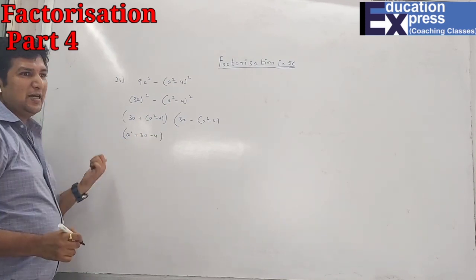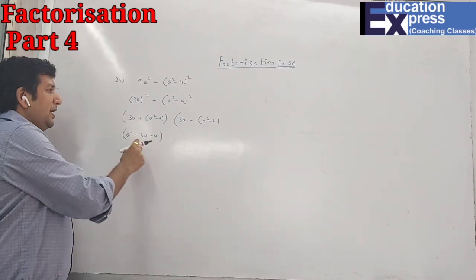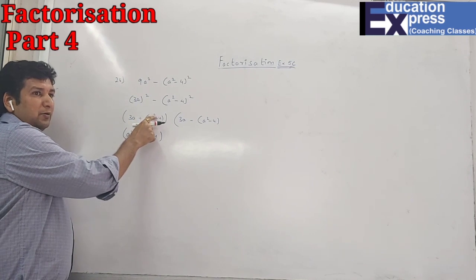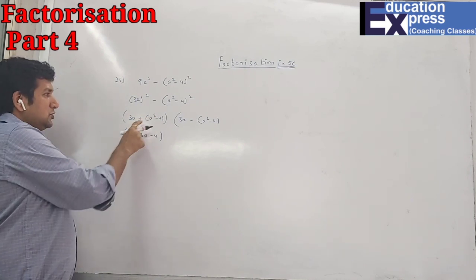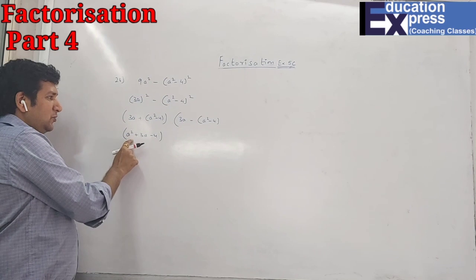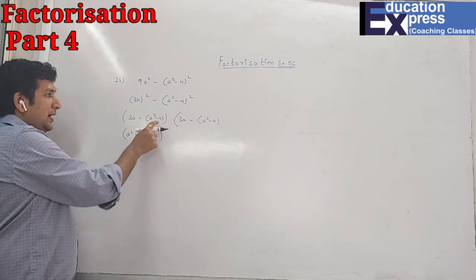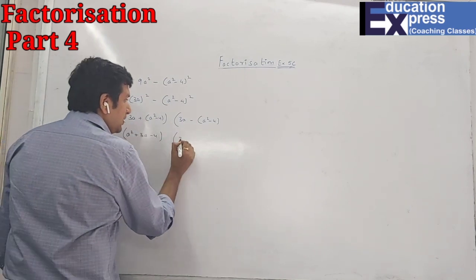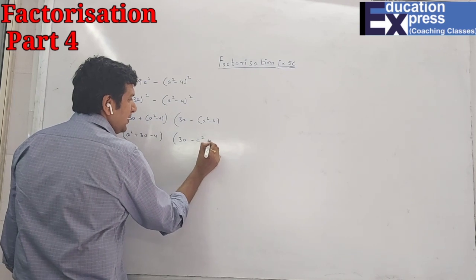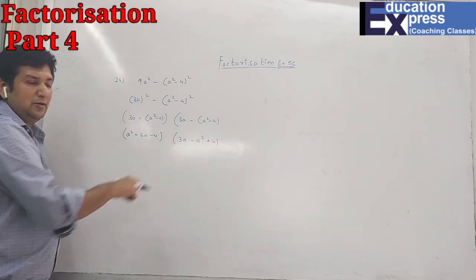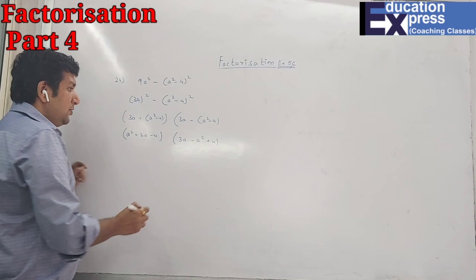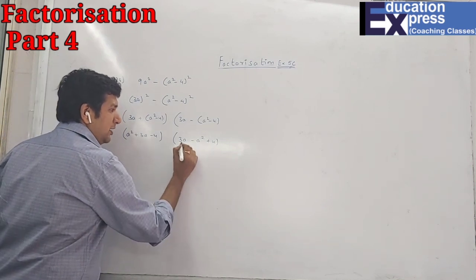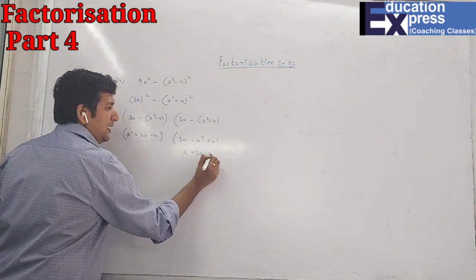You know what I have done, as I have told you earlier also, that whenever you have a square as a power, we can always think of splitting the middle term. So I have taken a square first because it was positive, then 3a as the middle term, and then minus 4. And here 3a minus a square plus 4. Here I can't get a square as the starting term because a square is negative. So what will come first is 4, the middle term is 3a and then a square.